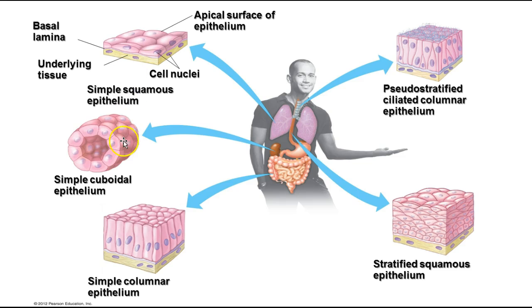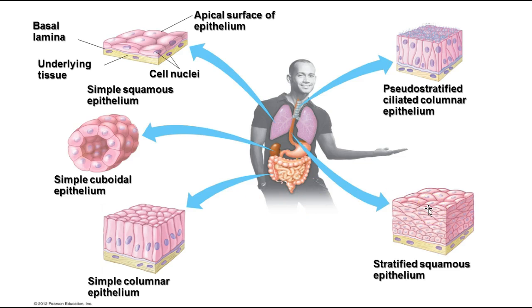cells. Simple cuboidal epithelium is a more cube-shaped cell. These often make up ducts and organs of various kinds. Simple columnar epithelial cells are tall and thin and packed in tightly together. They look like columns, and you find these kinds of cells quite often in the intestines.